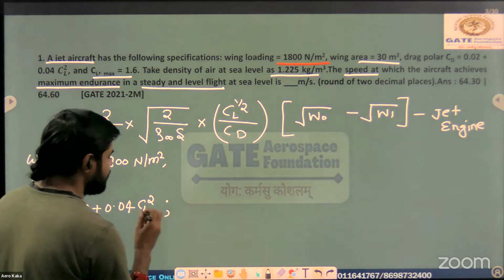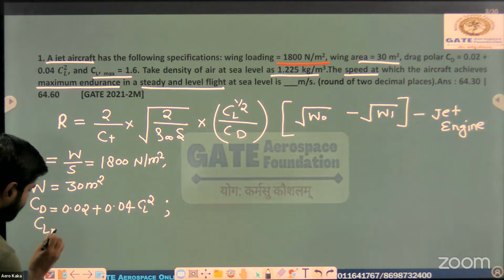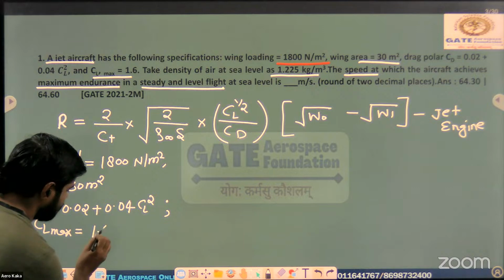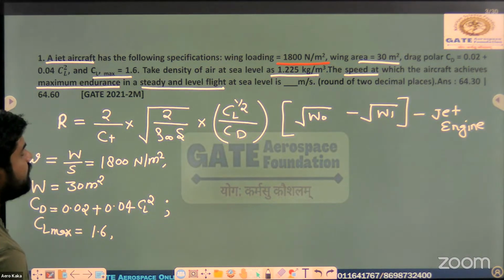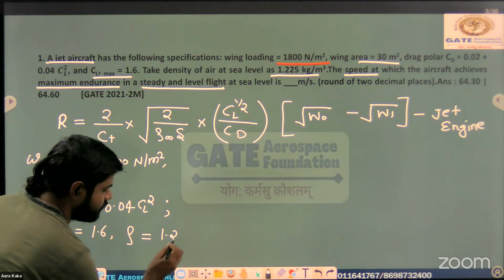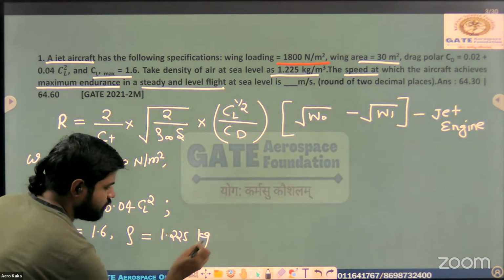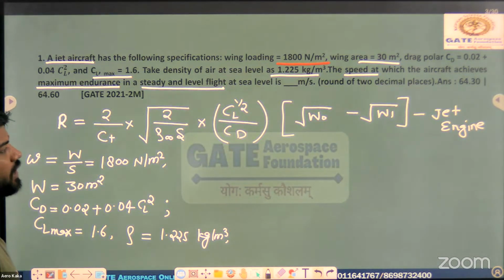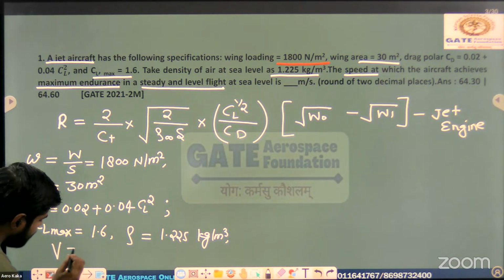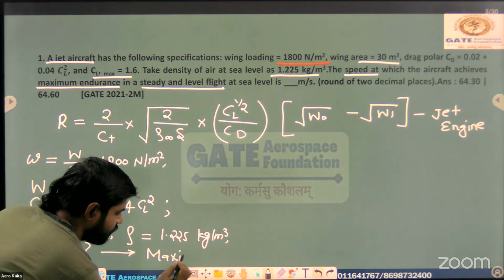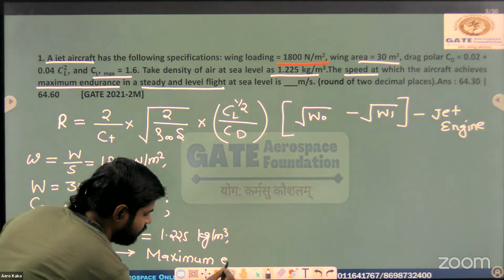CL max is also given, 1.6. Take density of air at sea level, rho is equal to 1.225 kg per meter cube, right? You are saying the speed at which the aircraft achieves maximum endurance. So they are asking what is the speed of this aircraft for maximum endurance.